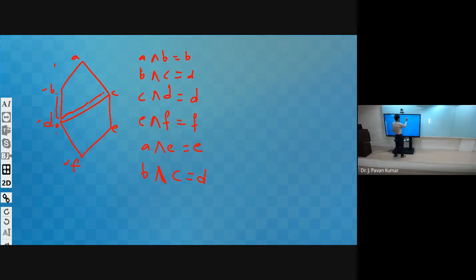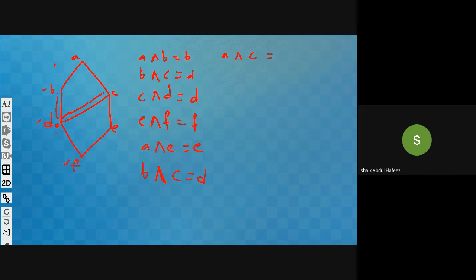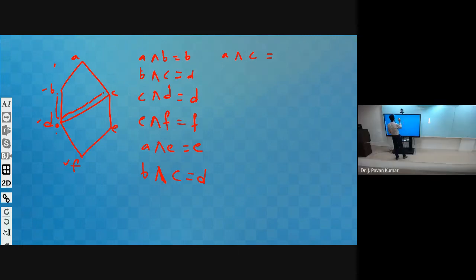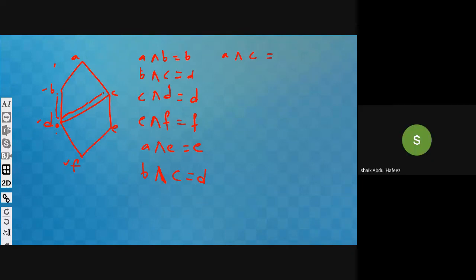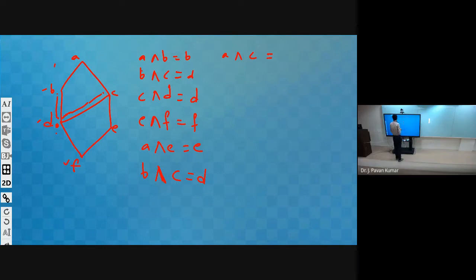Suppose A, C. What will be A meet C? A and C, what is the lower bound? C, D, E, F. Out of those, the greatest one will be C. Why?